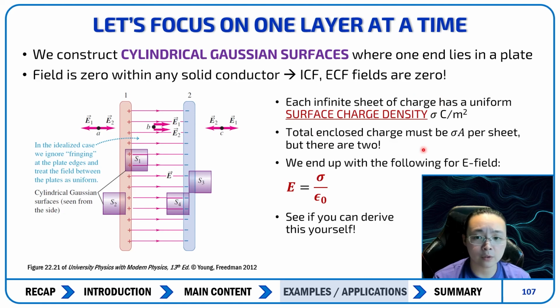The total enclosed charge must be sigma or rho s times A per sheet, but there are two. So if we actually do the math and apply Gauss's law, we'll end up with the following equation for the electric field in the middle, which is E equals sigma over epsilon naught. So try and see if you can derive this yourself, because that is going to be a task for your group in the next assignment.